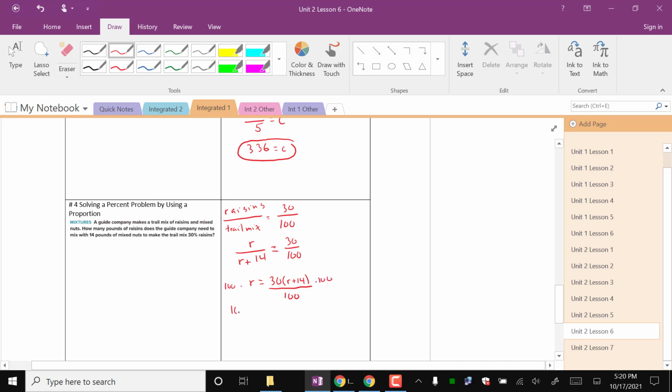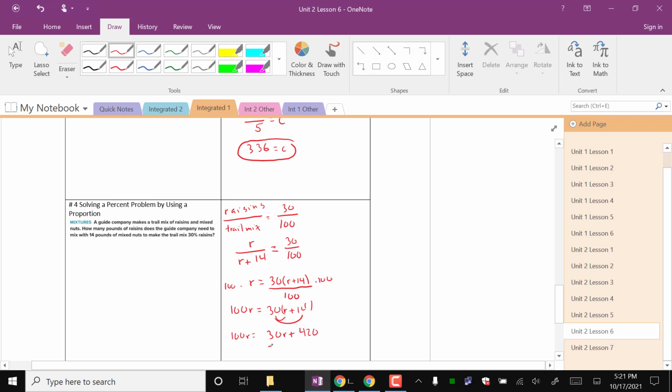So this is going to give me 100R equals 30 times R plus 14. So I'm going to distribute that in: 30 times R and 30 times 14. So this is going to give me 100R equals 30R plus 30 times 14 is 420.